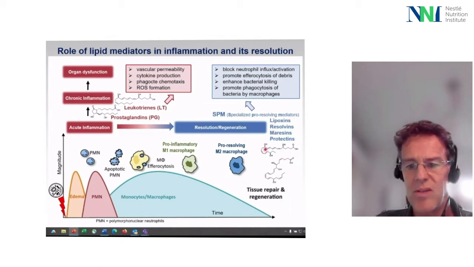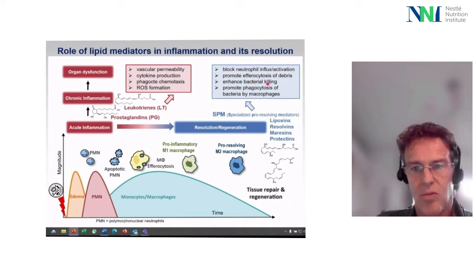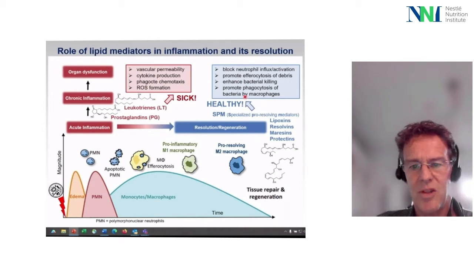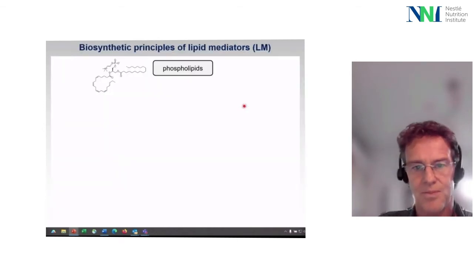These molecules are quite similar in structure to leukotrienes and prostaglandins, but they have opposite functions. They block neutrophil influx and activation. They promote the efferocytosis of debris, enhance bacterial killing, and promote phagocytosis by macrophages. So clearly the leukotrienes and prostaglandins are detrimental molecules, whereas these are beneficial and make us healthy, so to say.